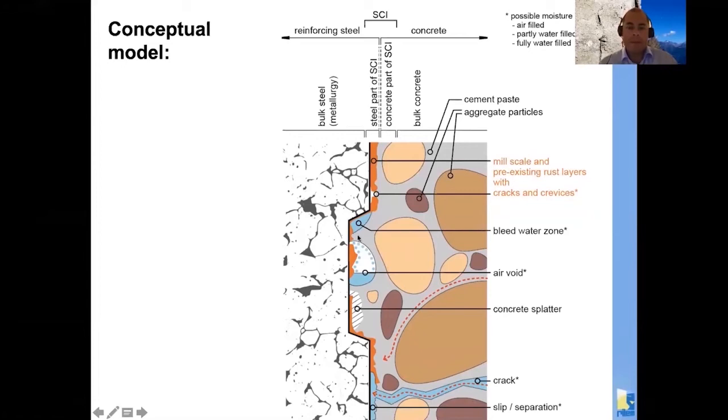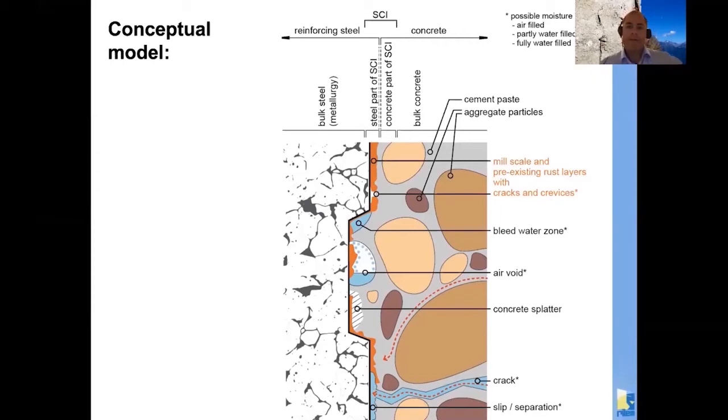And if we move gradually into the concrete, we may have, of course, features such as air voids at the interface, bleed water zones. I will show a couple of figures later on to illustrate these. We may have cracks that come from the cover, and we may have cracks that are along, or mechanical damage along the steel surface, such as slip and separation.